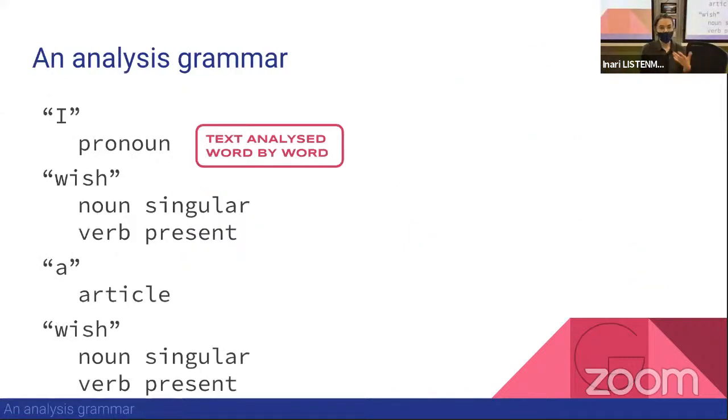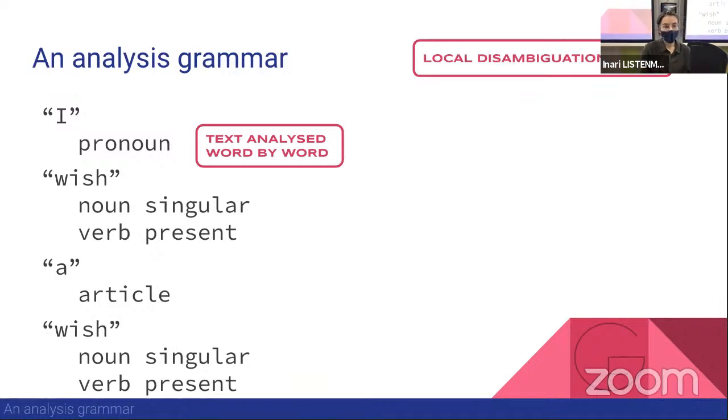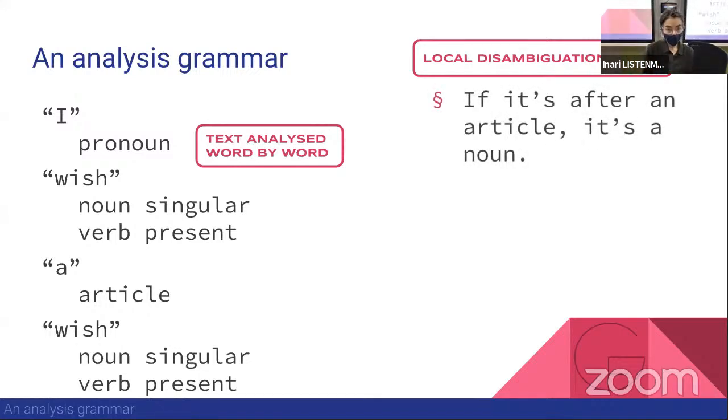And then if we start from analysis, we start from some kind of part of speech tagger that just tags each word without any context. So it initially gives both options to both of these strings "wish". Then, in addition, we have local disambiguation rules, which look at the local context. If it's after an article, it's a noun.